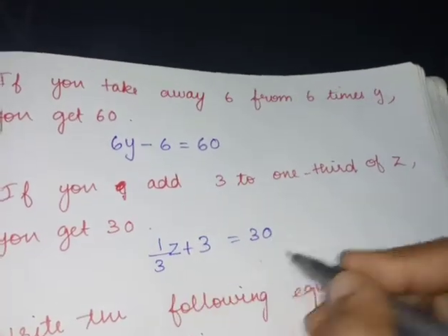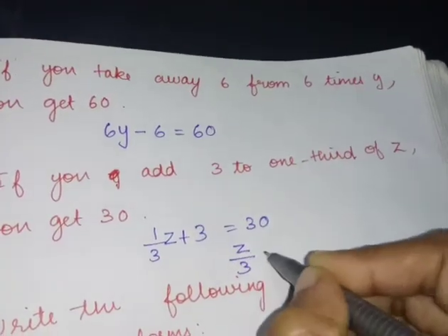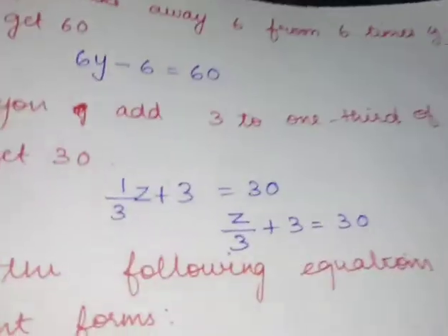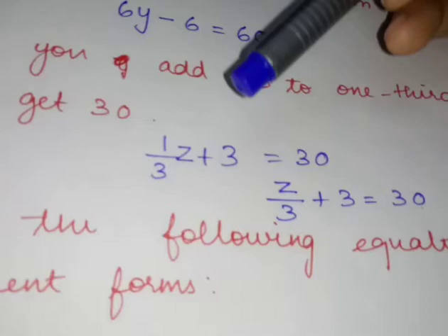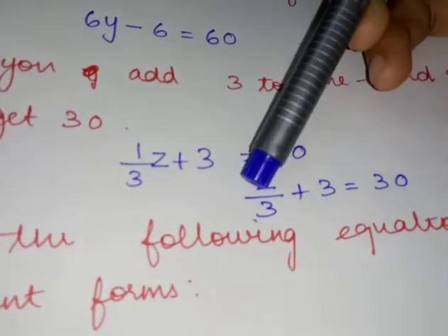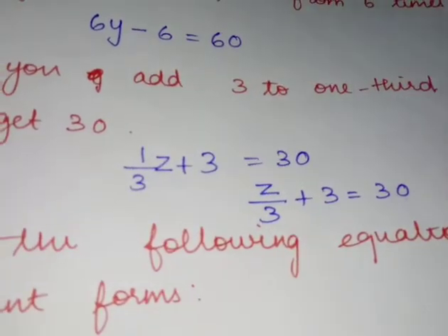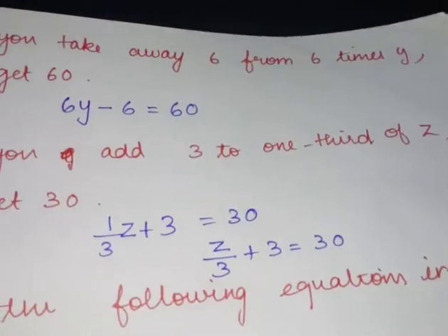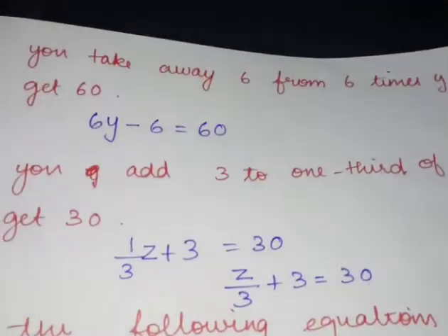So 1/3 of z is z by 3 plus 3 equal to 30. You can write in either ways. Okay, see, 3 is added to 1/3 of z gives 30. Understood? This is very easy. Read the statement carefully and answer the question.